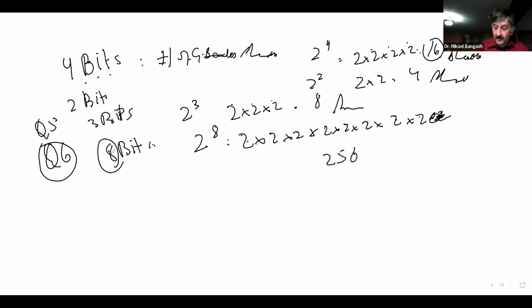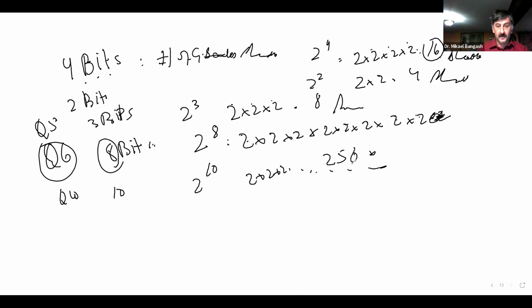And question 10, just go for 10 bits. It's going to be the same, 2 raised to the power 10. It doesn't mean 2 multiplied by 10, but 2 multiplied by itself 10 times. Clear? But 8 bits was 256.